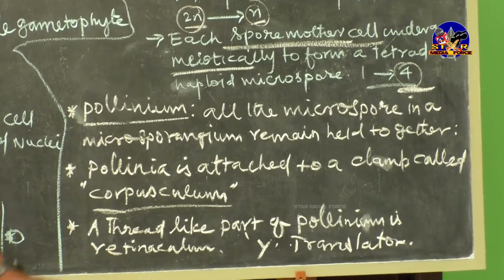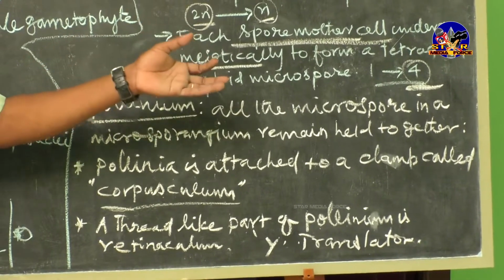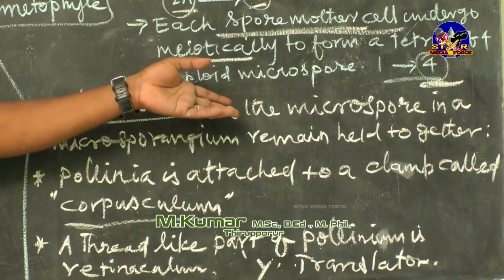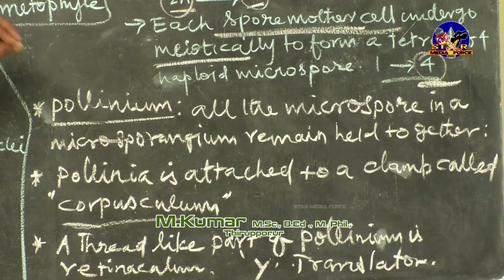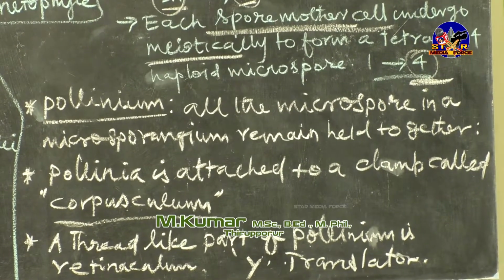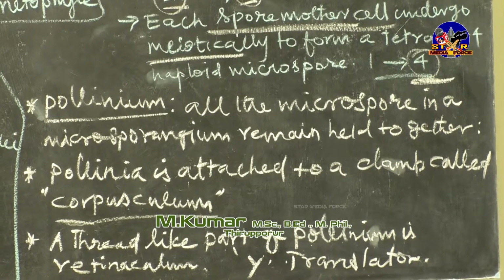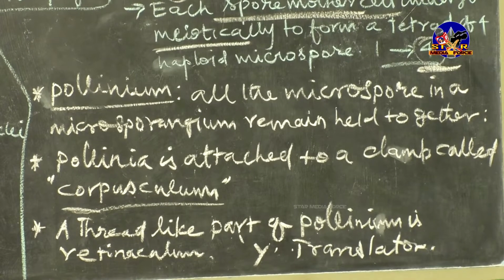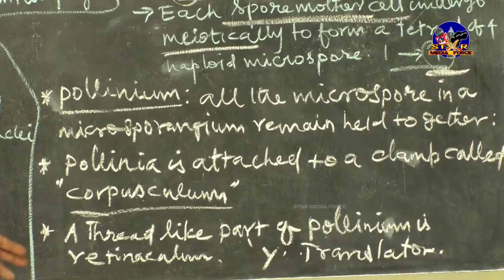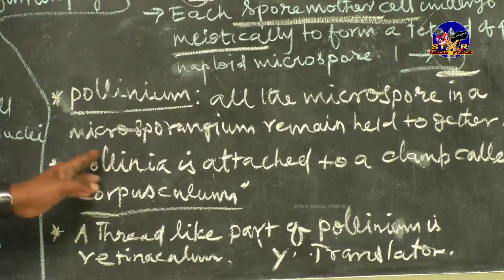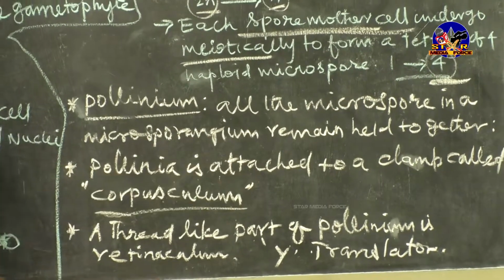Pollinium. After all the haploid spores or gametes are produced, the spores are kept inside the wall itself, and only one group of pollens is there, that is called pollinium. All the microspores in a microsporangium remain held together.